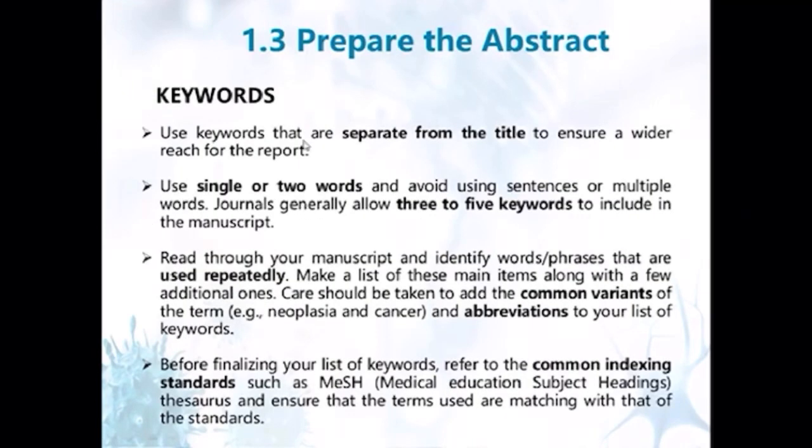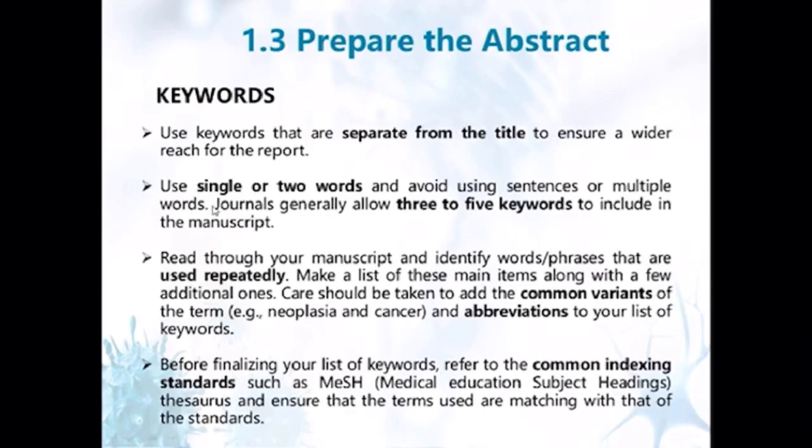For the keywords, usually we use keywords that are separate from the title to ensure a wider search for the report. You can also find some words from the title as keywords. Only use single or two words. Avoid using sentences or multiple words.